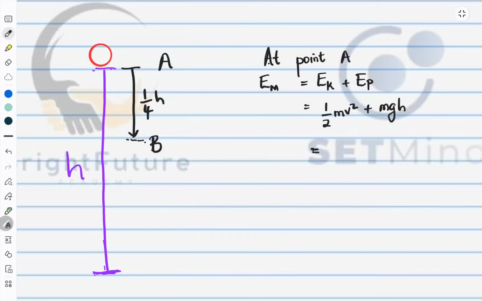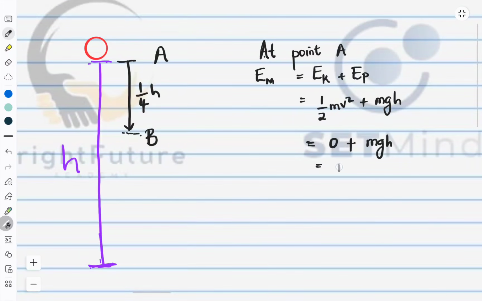So it means our kinetic energy will be 0 there, plus our, let's call it mgh_A, the height at A. At A, the height is at maximum, so we can leave it like that. So that means the mechanical energy at point A will just be mgh.